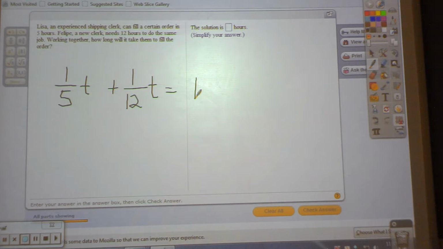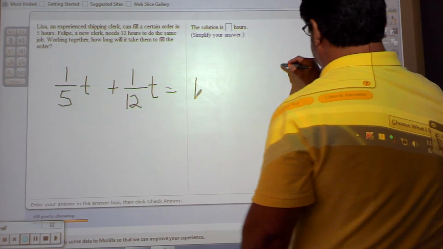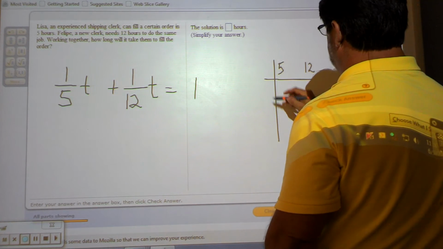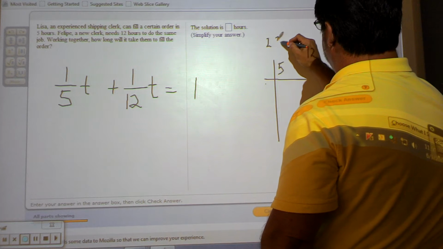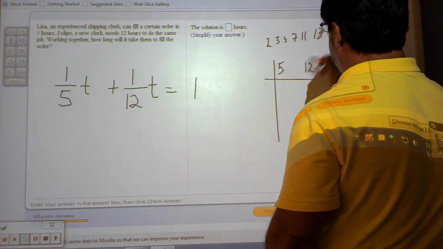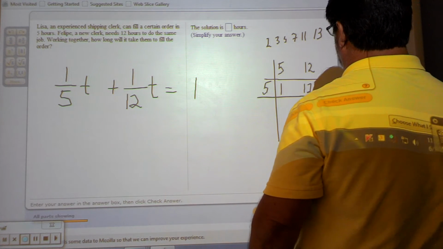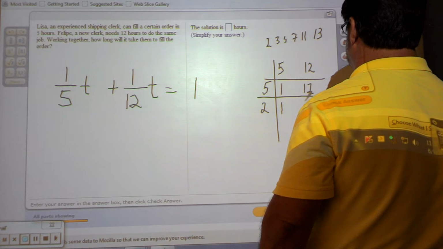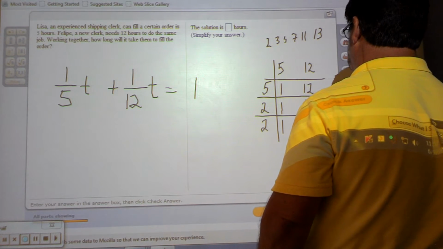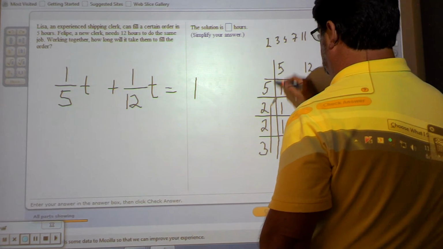Common denominator of 5 and 12. Let's do that. I'm just checking. 2, 3, 5, 7, 11, and sometimes 13. 5 is 1 and 12. 2 is 1 and 6. 2 is 1 and 3. 3 is 1 and 1.